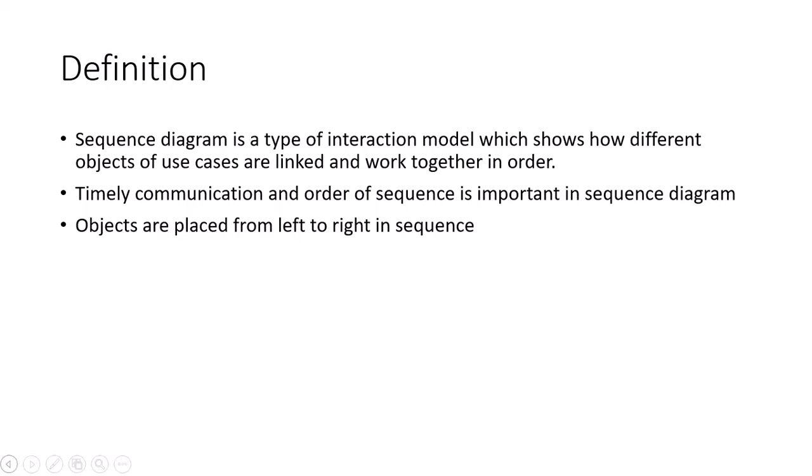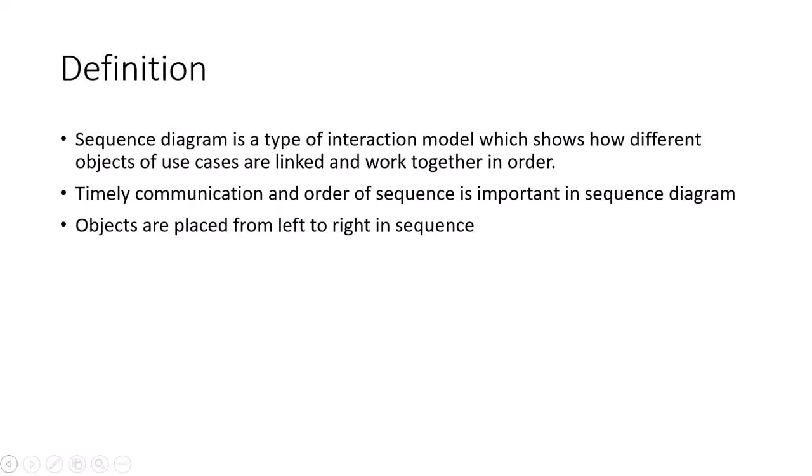But sequence is not there, in what sequence they are passing data. But here the actors are not necessary, but the objects inside the use cases are mentioned and drawn. And then the communication among the different objects for some purpose occurs.